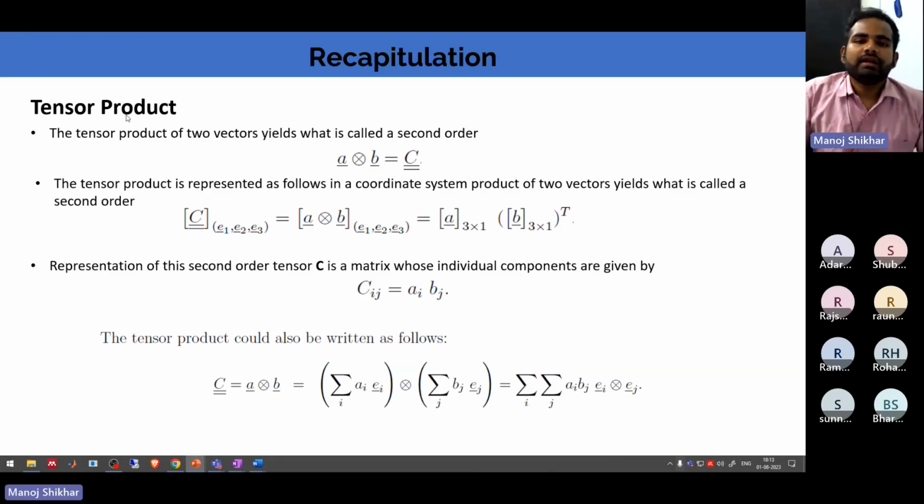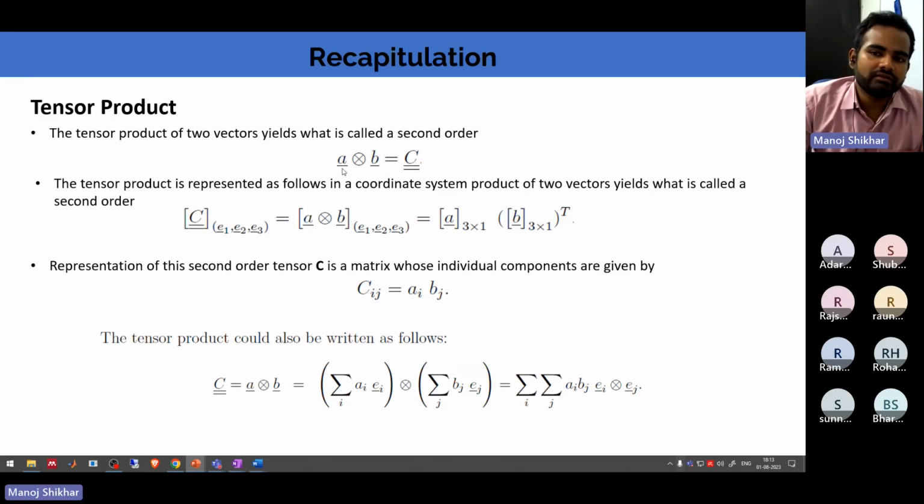The new kind of product which is getting introduced here is the tensor product. So here the first line shows the tensor product of two vectors. The unique thing about this product is that when you do a tensor product between two vectors, you will get a new tensor which will be of higher order.